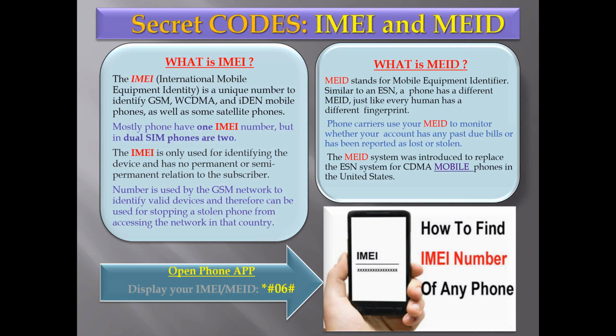Most phones have only one IMEI, but if you have a dual SIM phone, there are two IMEIs. It's not connected to you, guys, it is connected only to the device, not to the subscriber. It's only used to identify valid devices on the network.